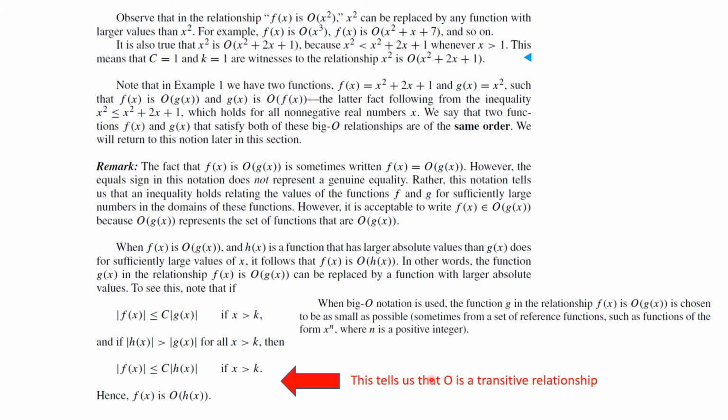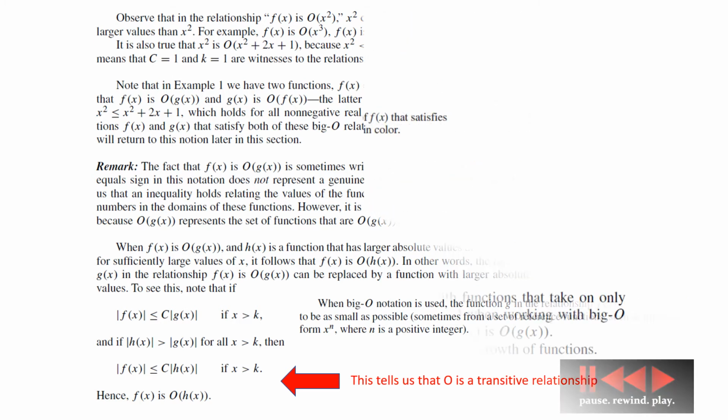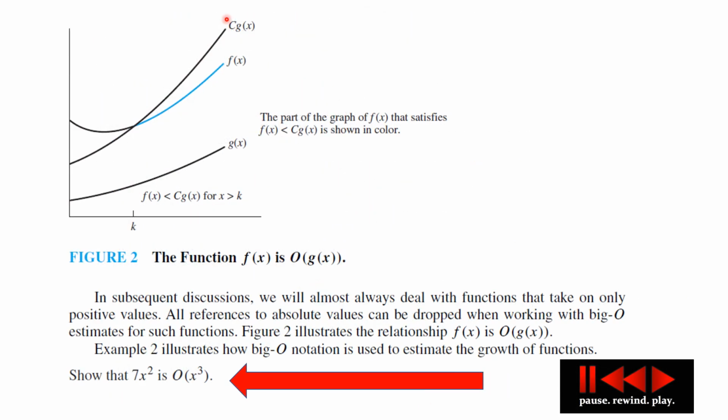So you see, the big O relationship is a transitive relationship. If we start with f being big O of g of x, and if h is bigger than g, then f is also big O of h. So big O is a transitive relationship. And here you see a geometric interpretation of that.